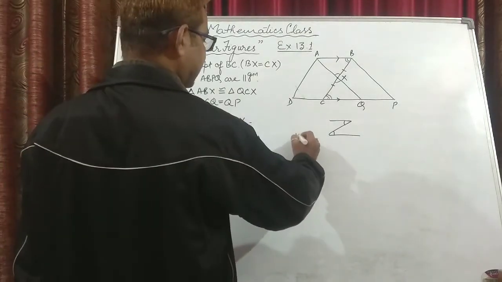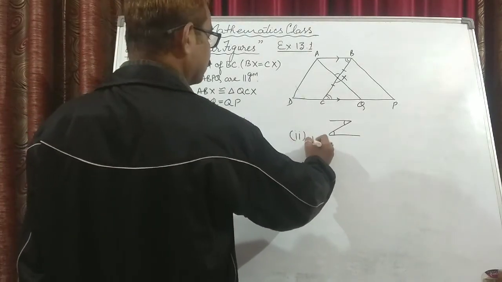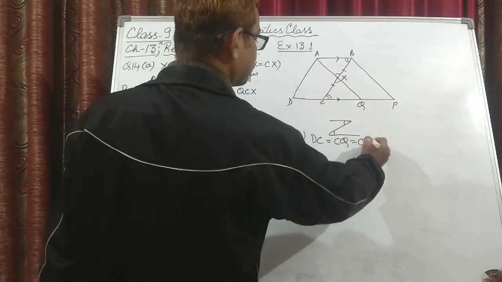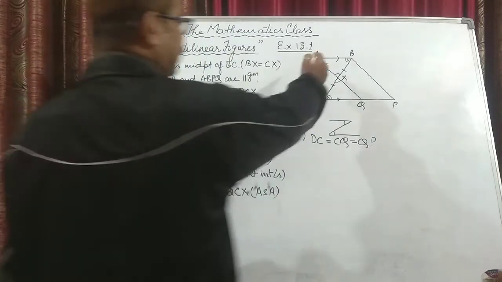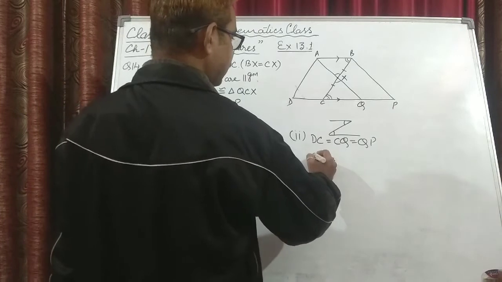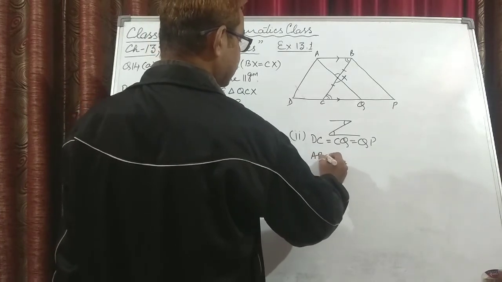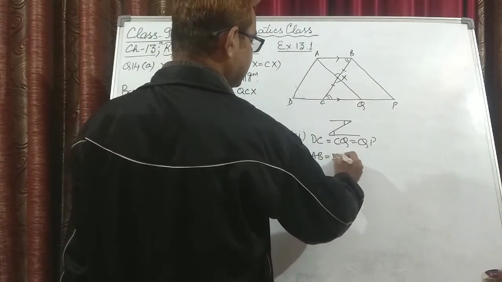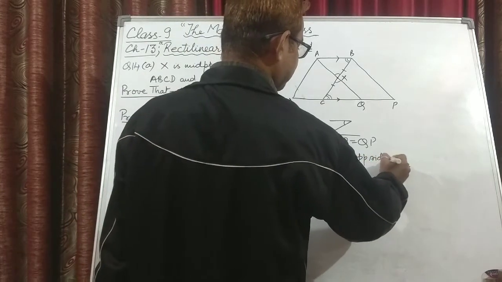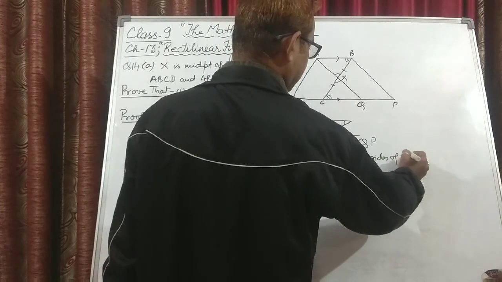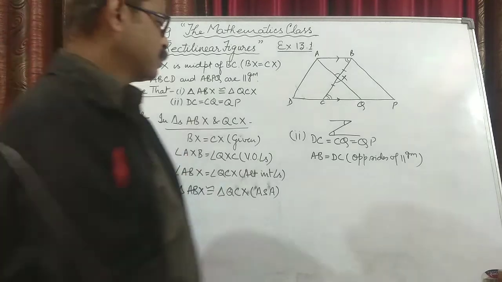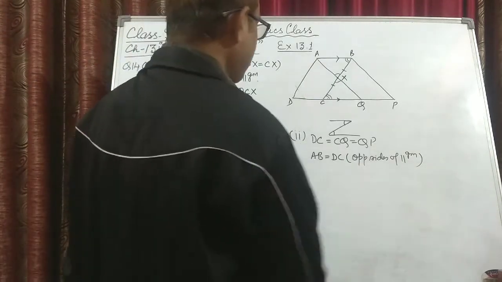Now in the second part they say prove that DC is equal to CQ is equal to QP. So ABCD is a parallelogram. So we can say that AB is equal to DC since they are opposite sides of parallelogram, and we know that opposite sides of parallelogram are parallel and equal. So AB and DC are equal.